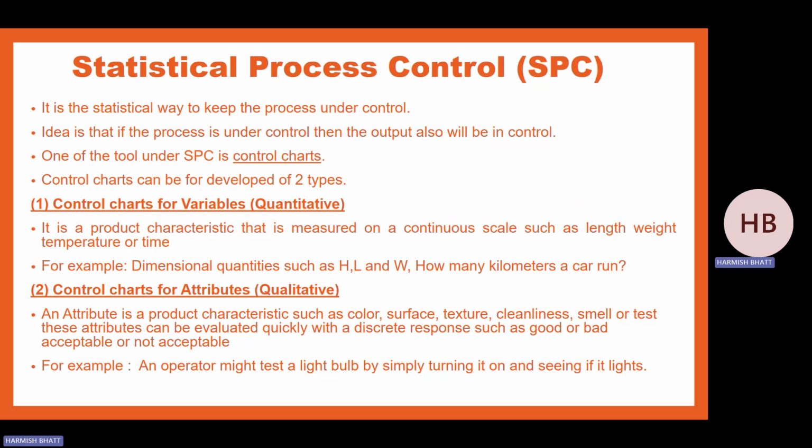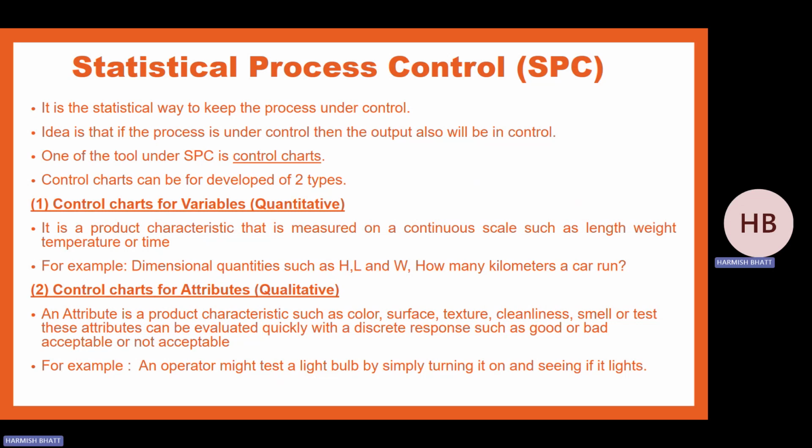The second is control charts for attributes, where the qualitative approach is implemented. Control charts for variables deal with a product characteristic that is measured on a continuous scale, such as length, width, height, temperature, time, weight, etc.